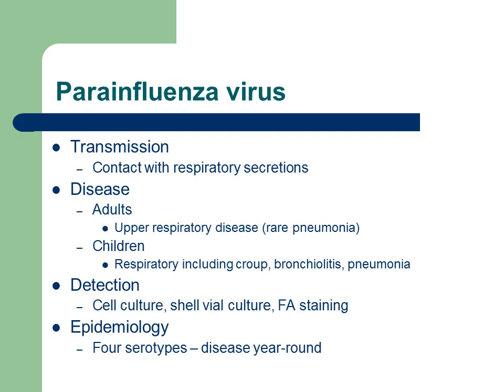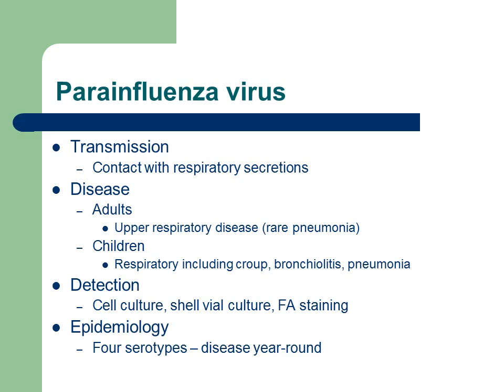Parainfluenza virus is another respiratory secretion virus. In adults, it can cause upper respiratory infection symptoms, rarely pneumonia. And in children, again, respiratory symptoms, including bronchitis, pneumonia, and croup, which is this awful coughing, similar to whooping cough, but a little bit different.